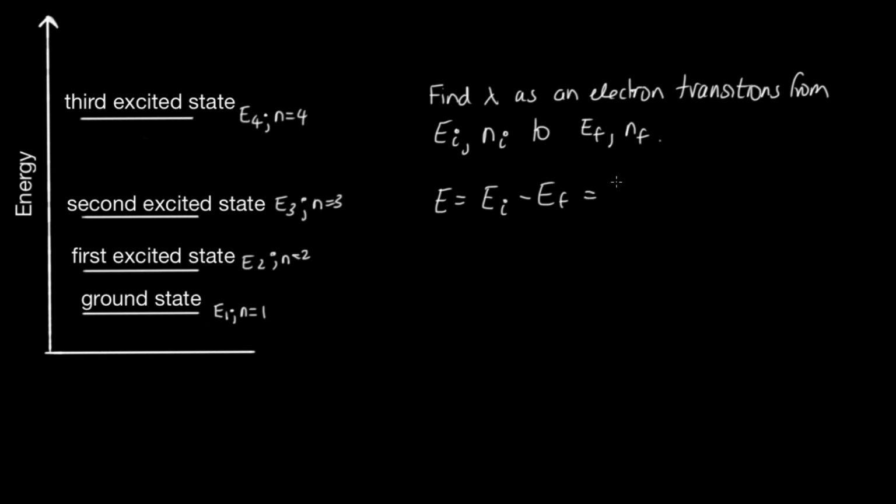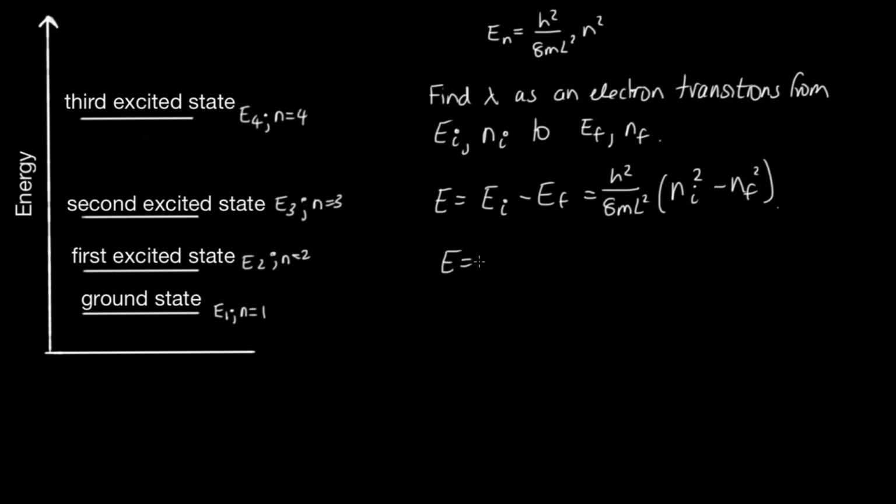And we know that the energy of the nth level is equal to h squared over 8mL squared times n squared. So we can pull h squared over 8mL squared out as a common factor, and then we've got n initial squared minus n final squared. So that's the energy for our photon, but we're trying to get lambda.